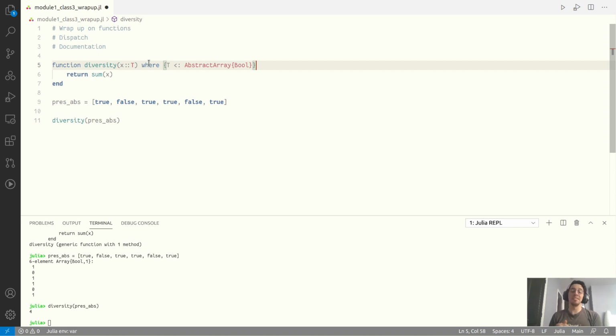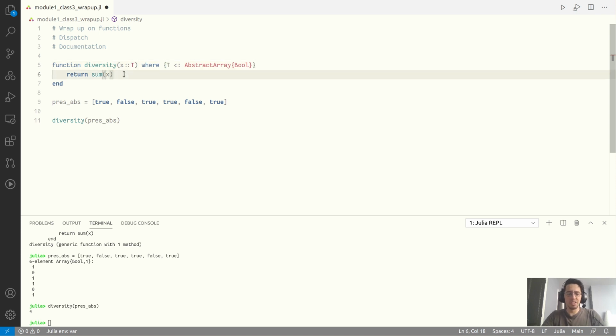There is a very long documentation of the various types, and using an abstract array of Boolean values is going to let us capture two different things that I'm going to show you in a minute. So we have a function which is called diversity. It takes as argument something that we call x internally that must be of type t, and t is going to be an array of Boolean values.